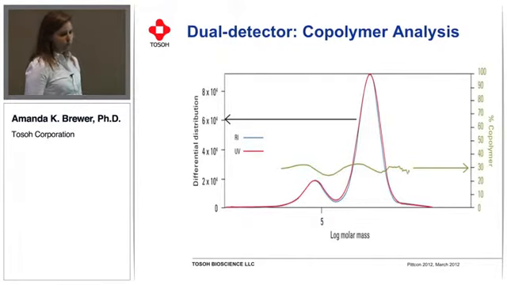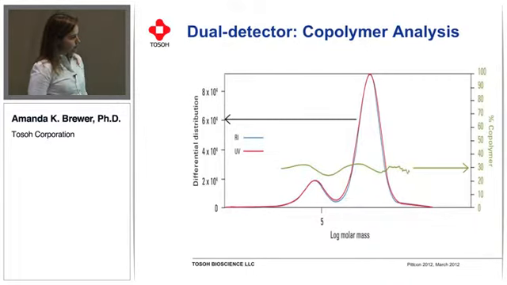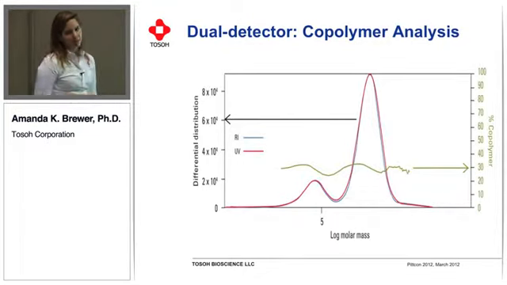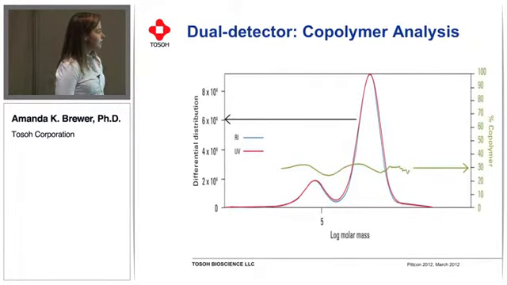So this is a sample with polystyrene and PMMA, and here we have the log of the molar mass on the x-axis, and we've gone from raw data in a detector response to the differential distribution of the sample. Everything here has been normalized, brought on a scale. That's why the two peaks are basically overlapping one another. But what I wanted to show you is how we can get the molar mass.